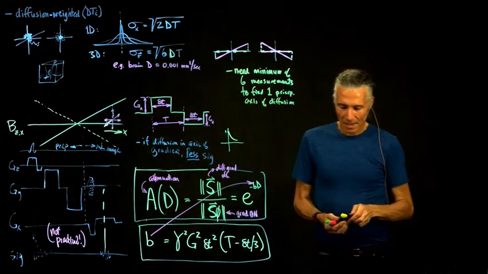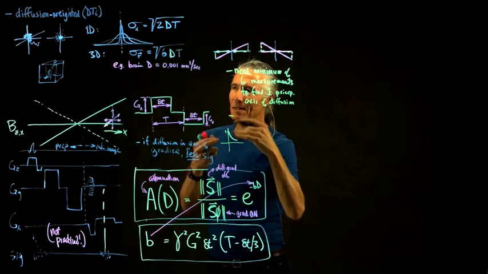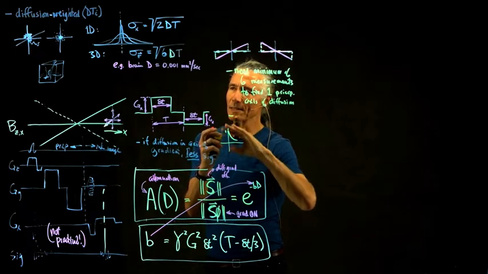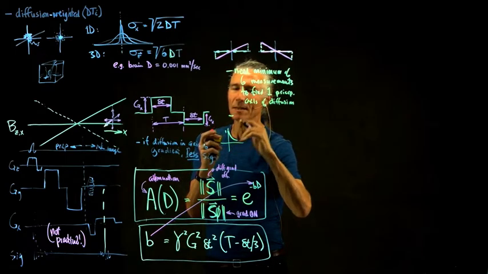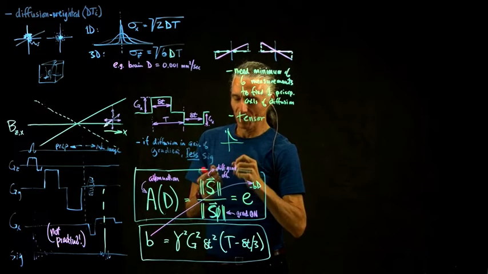It's actually a matrix of 9 numbers, but it's a symmetric matrix, so there are only 6 unique numbers in it. So that's a tensor.